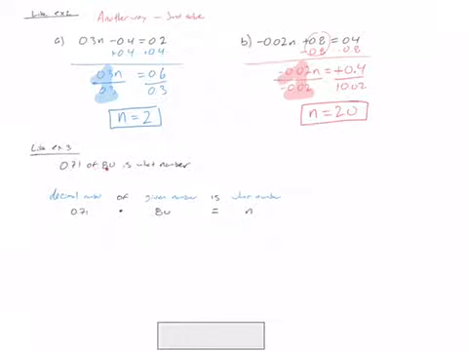So we have 0.71 of 80 is what number? The word of refers to multiplication, and is refers to an equal sign. So really all we're asking is 0.71 times 80 is equal to what?